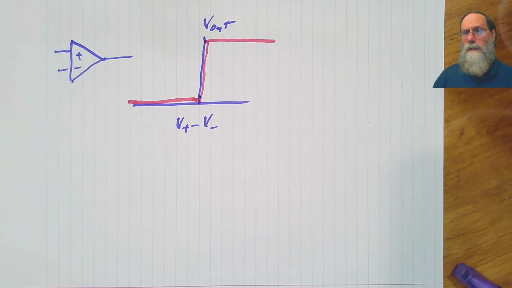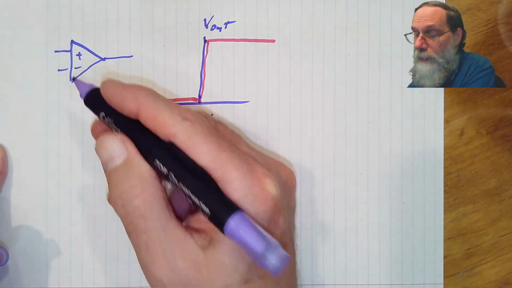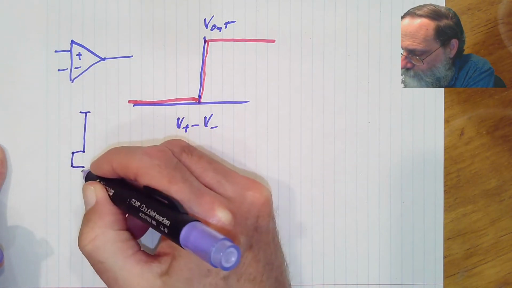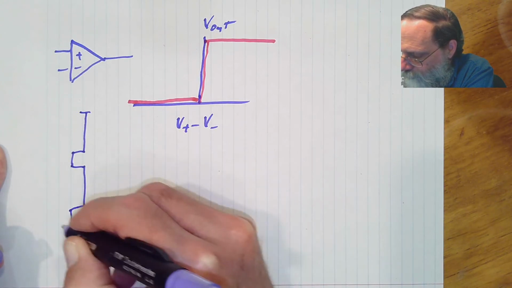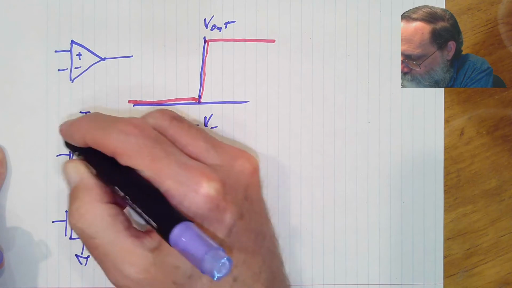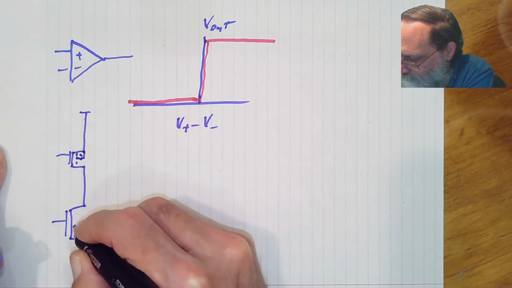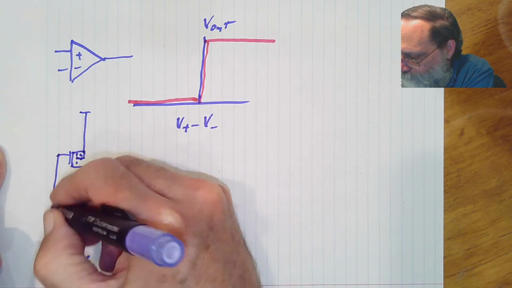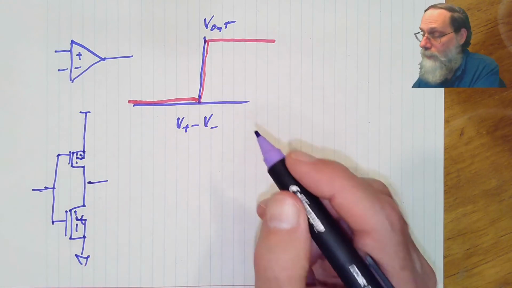Well, how fast does it make its transition, and what determines that? Basically, internal to the rail-to-rail comparators is a circuit you're familiar with: a P-FET and an N-FET. This is a standard CMOS output stage.